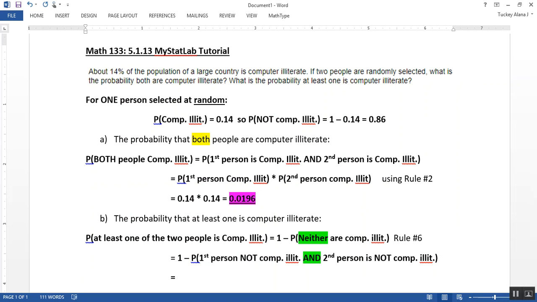So you're going to have to do 1 minus, and then you need the probability that the first person is not computer illiterate multiplied by the probability the second person is not computer illiterate. Because you're using the multiplication rule.